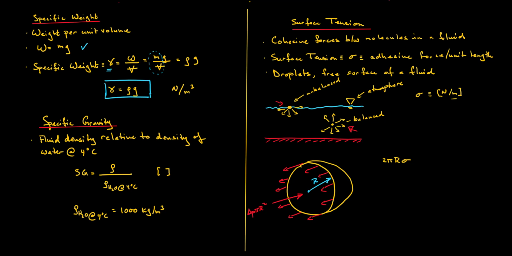Okay, so the surface tension force is given by 2 pi r multiplied by sigma. And again, this makes sense. The 2 pi r gives us a length, which is the circumference of that circle. So that's length multiplied by dimensions of newtons per length. So what we are left with is dimensions or units of newtons.